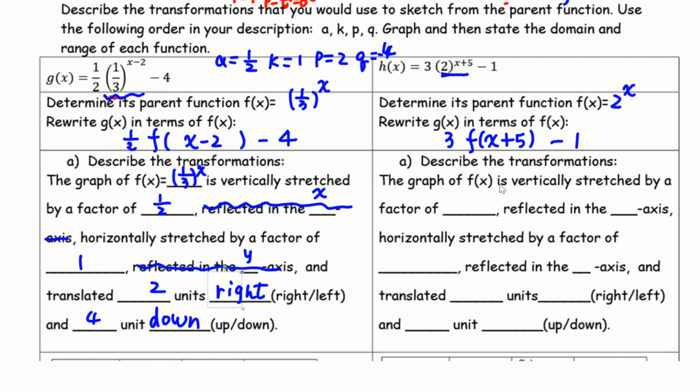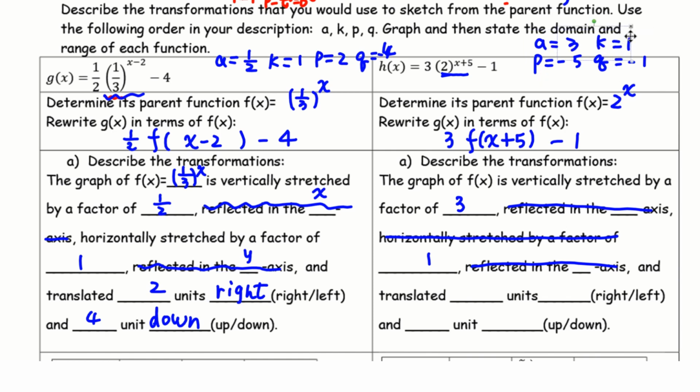And for this one, vertical stretch by 3, and again no reflect, and horizontal stretch by factor k is 1 again, and you don't have to write the horizontal stretch if it's 1. And translated, p is -5, q is -1, so a is 3, k is 1.